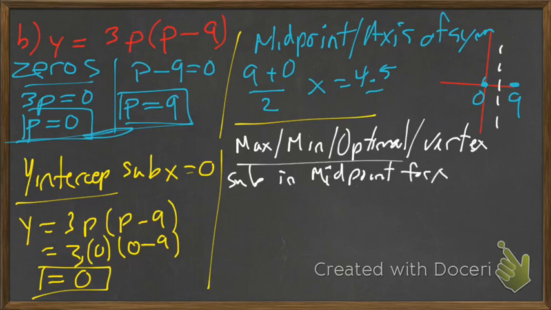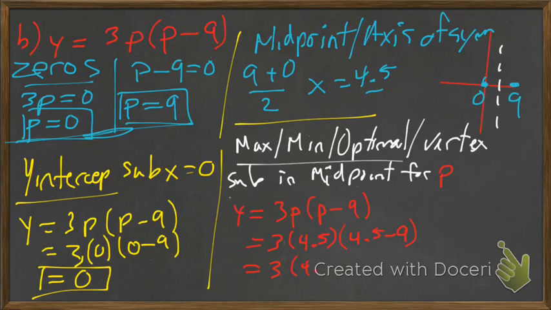So our equation was y is equal to 3, well in this case it's p, sorry, not x. I'll write this whole thing in red. y is equal to 3p multiplied by p subtract 9. It's equal to 3 multiplied by, what do we say, 4.5, multiplied by 4.5 subtract 9, which will be negative 4.5.